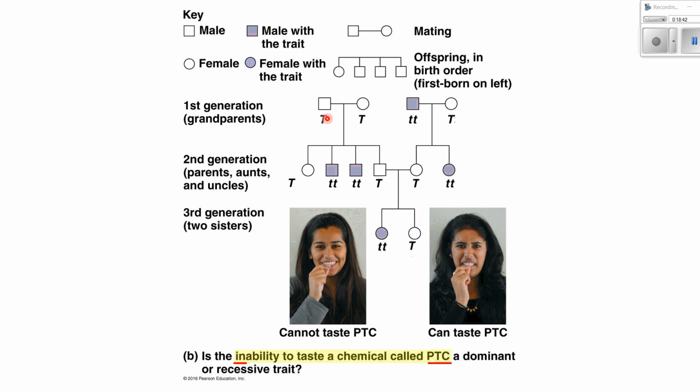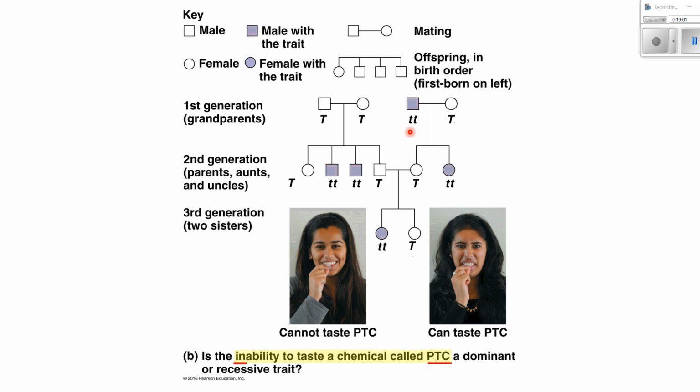Are they big T, big T, or big T, little t? Well, look at this couple. They produced 2 non-taster boys. Little t. That means dad had to have a little t, mom had to have a little t.